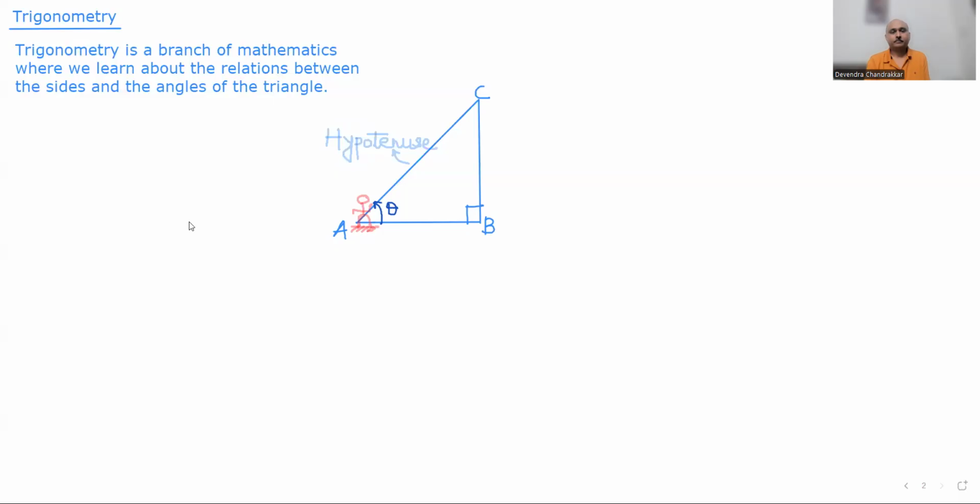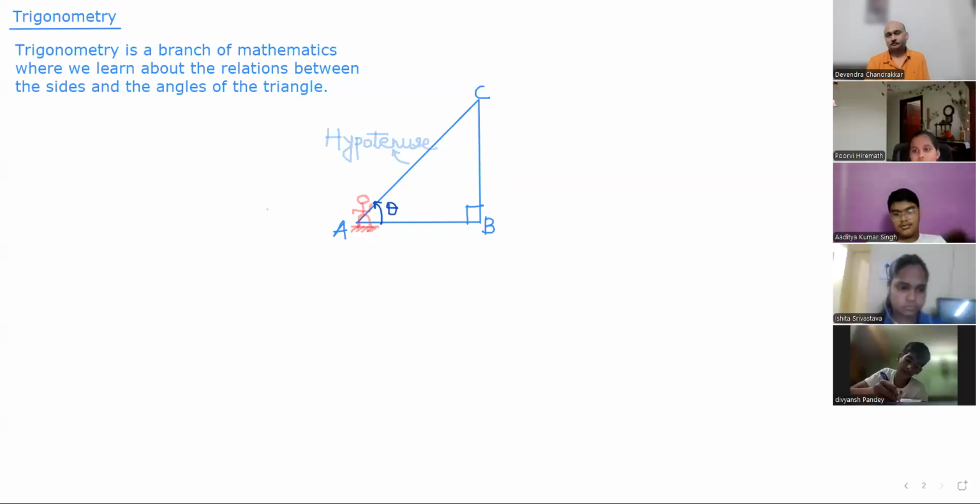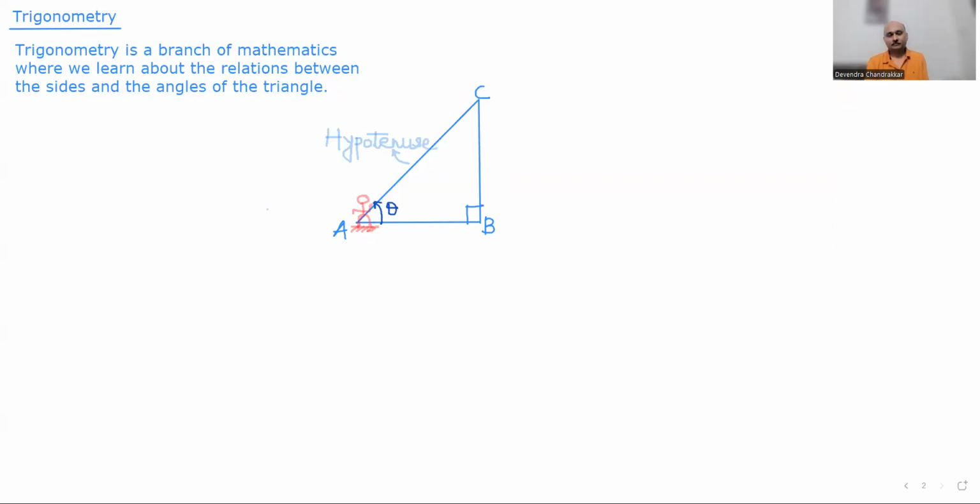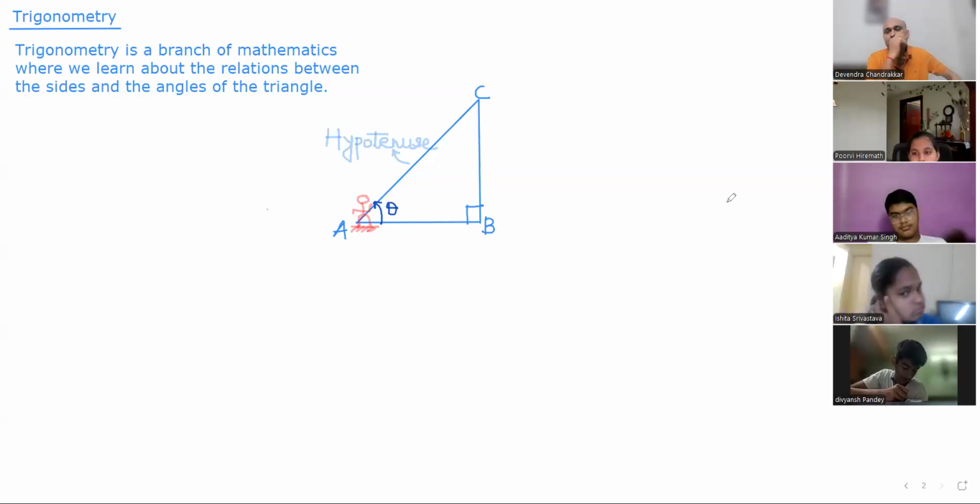I hope all of you understood this. Yes or no? Then the other side closest to this angle, which side is closest to this angle? AB, very good. So this side is base, or adjacent side.